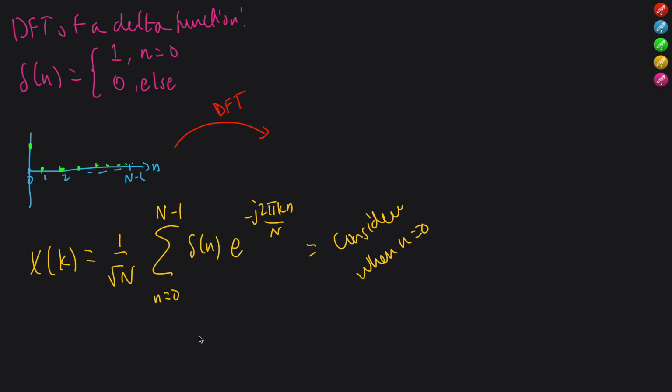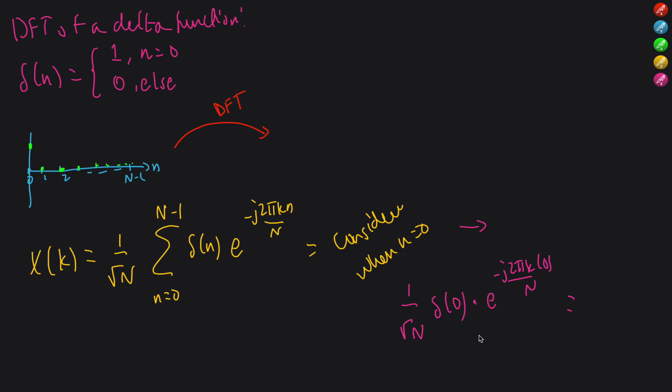In this whole sum, I only care about one time, when little n equals 0. So I get 1 over root N, delta of 0 times e to the minus j 2 pi k times 0 over N.